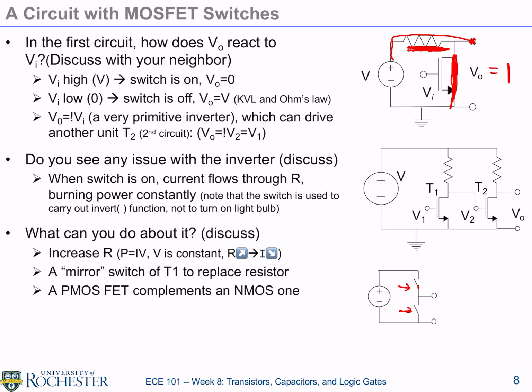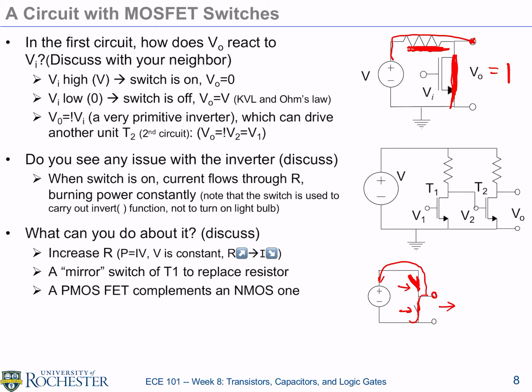If one is connected, the other is off. If the other is connected, this one is going to be off. Then at any moment, this node is either connected to the ground or the positive side of your power supply, and that will give you the correct voltage.